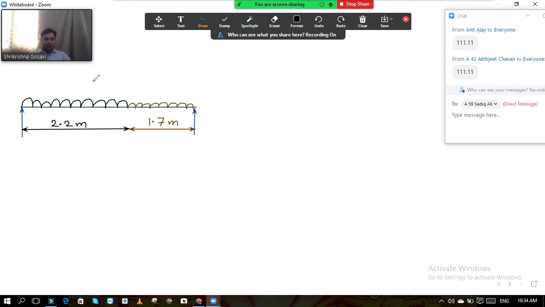Now let me know the values of load. This UDL, what is the value of this UDL? Our total load, what was the load?